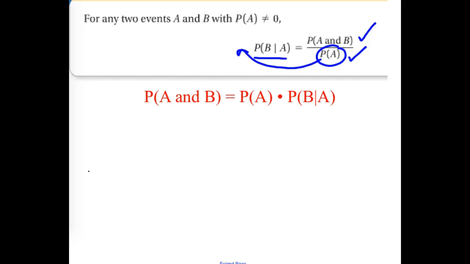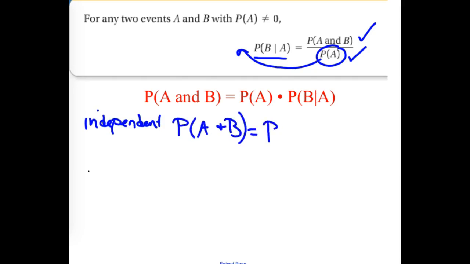What was the formula we had when we had independent events? The probability of A and B was the probability of A times the probability of B, right? Does it look almost the same? These match.